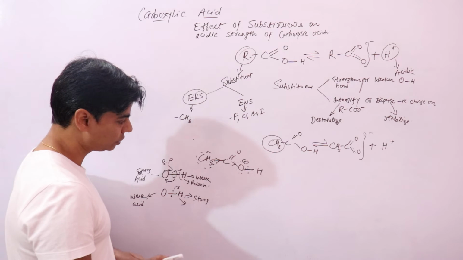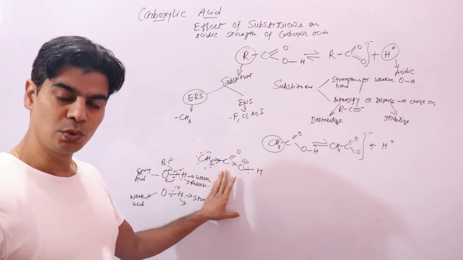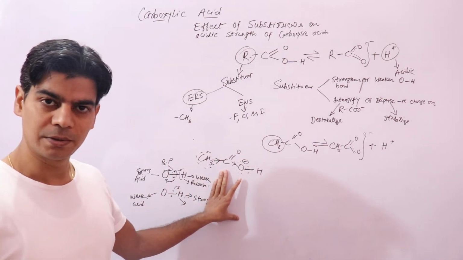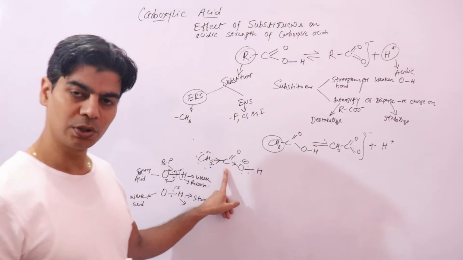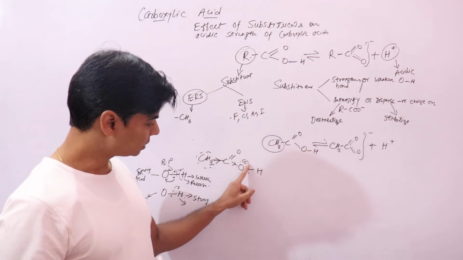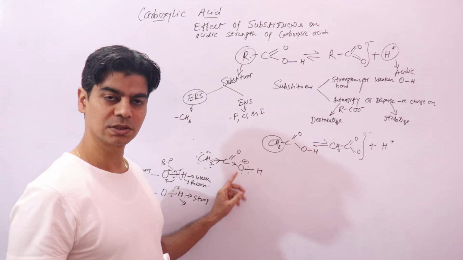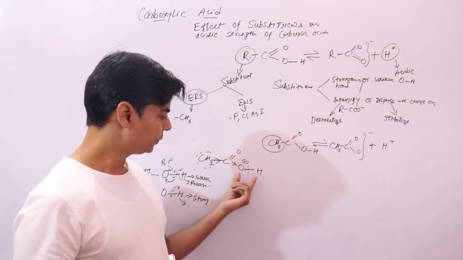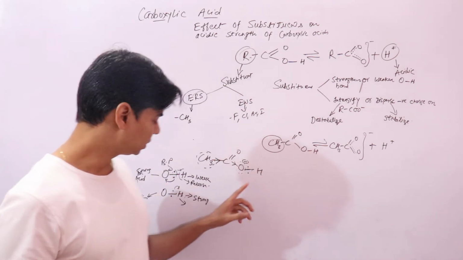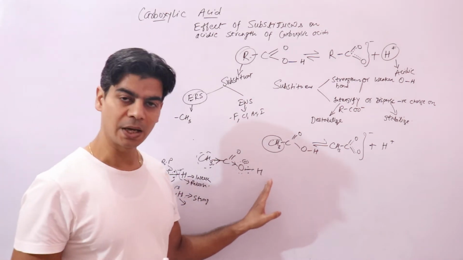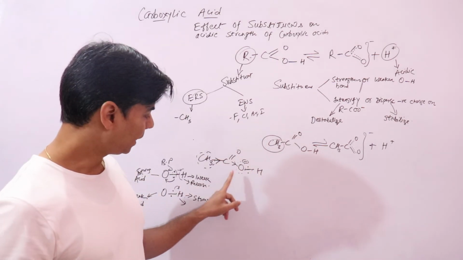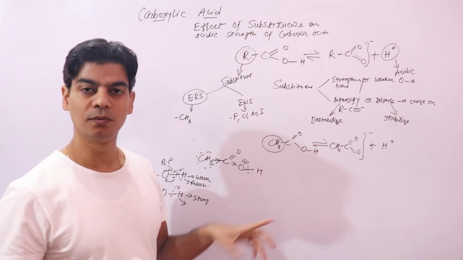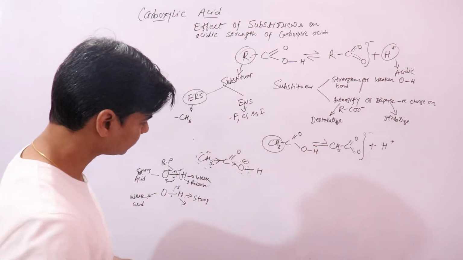So the electron releasing substituent, due to the plus I effect, will increase electron density at the oxygen atom and carbonyl carbon. The presence of negative charge on this oxygen atom will strengthen this bond, thereby making the release of the hydrogen ion difficult, and the acid will become a weak acid.